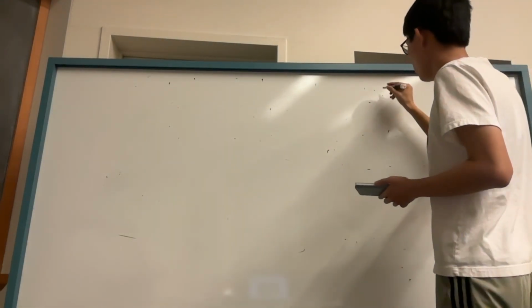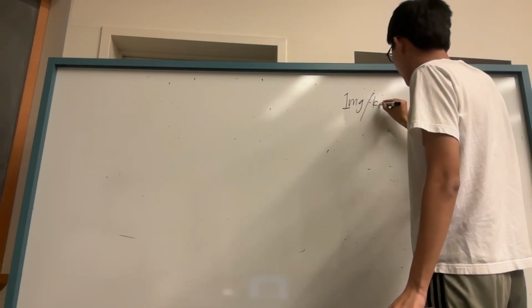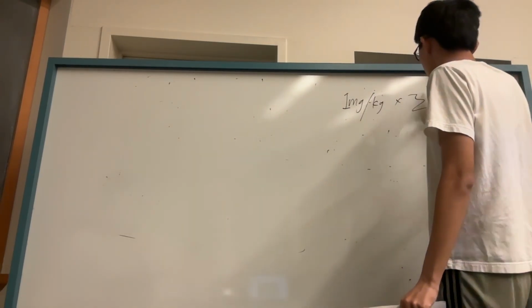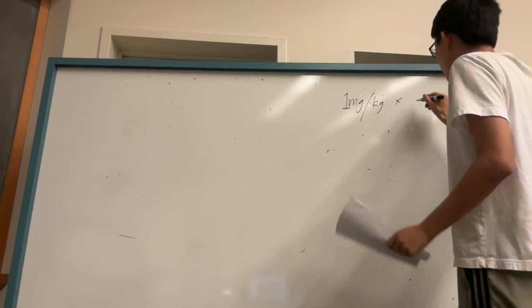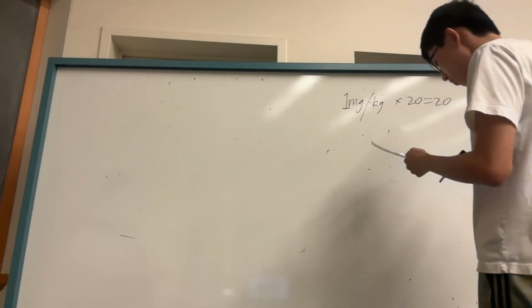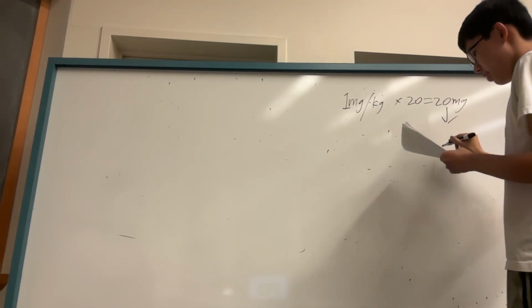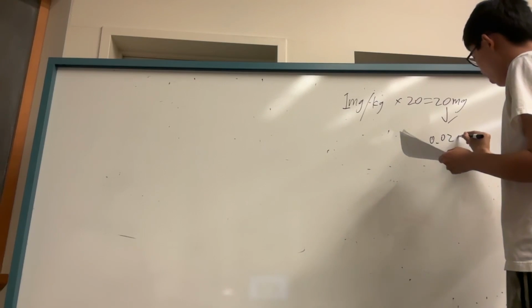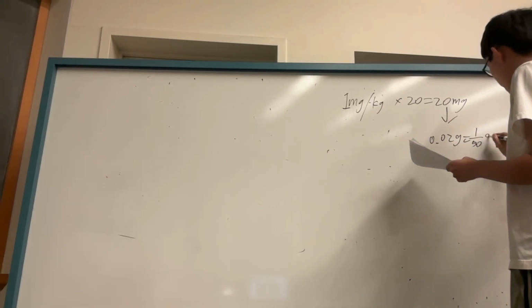So to solve this question, we first need to know that multiplying by 1 will never do anything. 1 milligram per kilogram times 20 will equal 20 milligrams, which is the same as 0.02 grams, which is also the same as 1/50 grams.